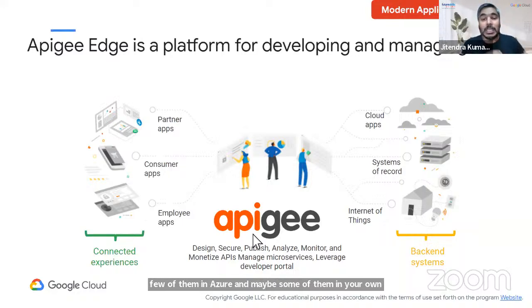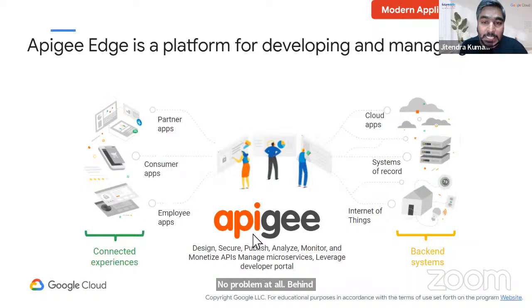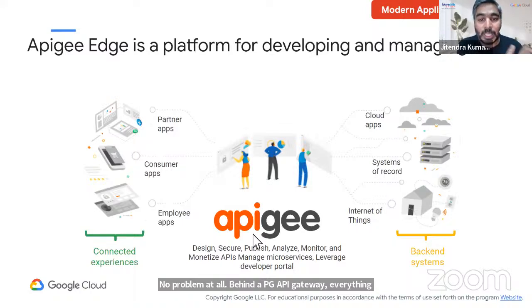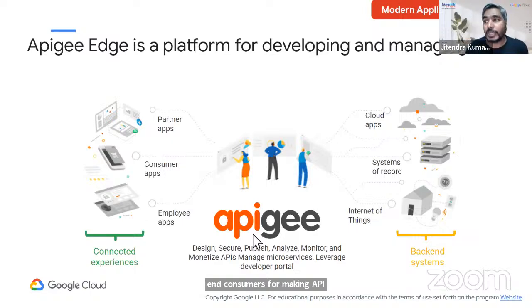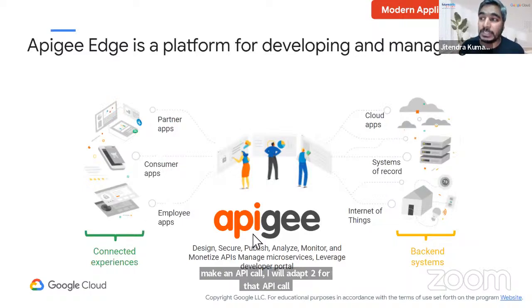No problem at all. Behind the Apigee API gateway, everything can sit, and Apigee can give one single interface to your end consumers for making API calls. Apigee is also very powerful for a few other things, such as API monetization. For example, every time you make an API call, I will deduct 2 rupees for that API call. Those capabilities are there with Apigee, but not with Cloud Endpoints.